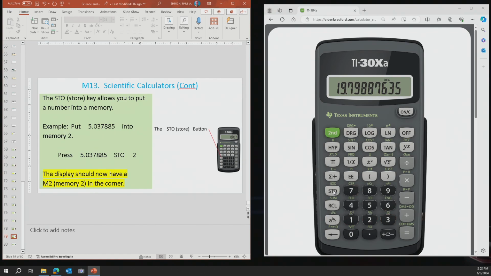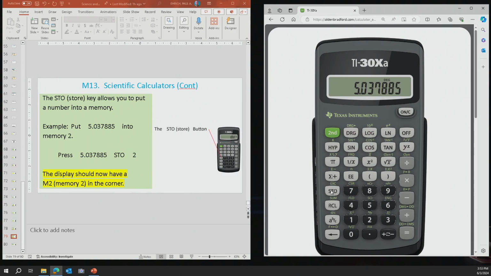So in order to do this, we're going to clear it, and let's go ahead and enter our number here. So it's going to be 5.037, and then it was 885. Okay, did I get that right? All right, now I'm going to press my store button.